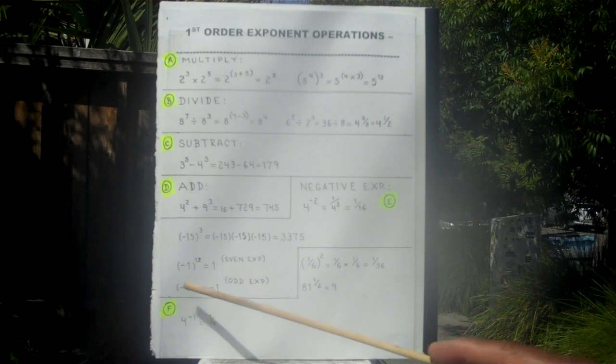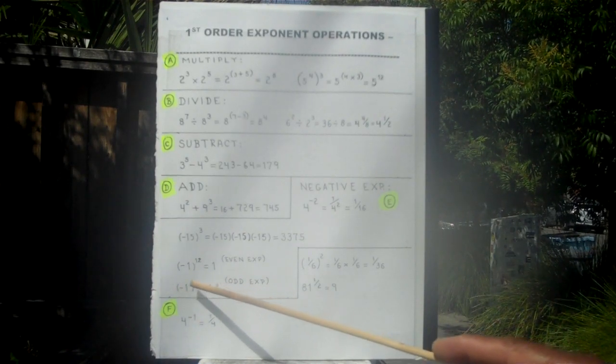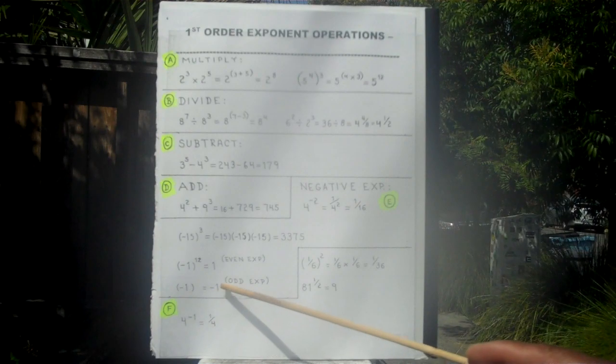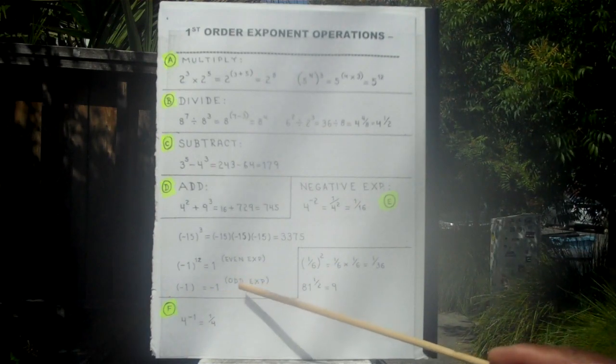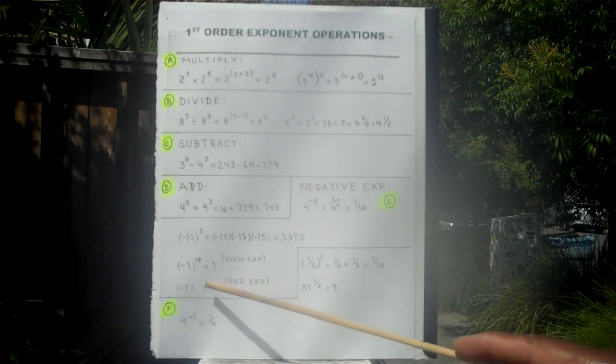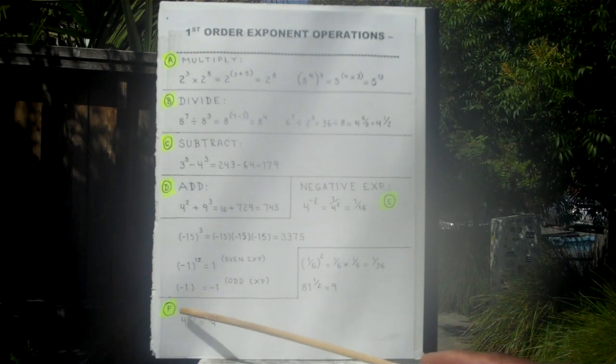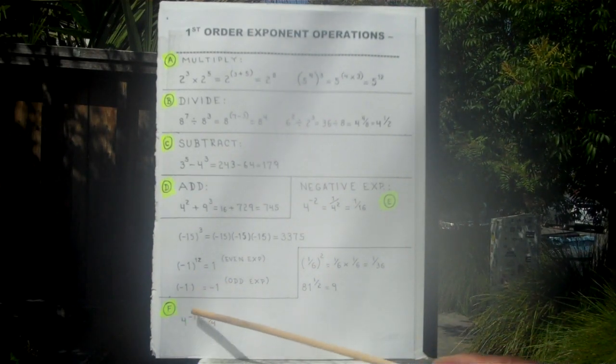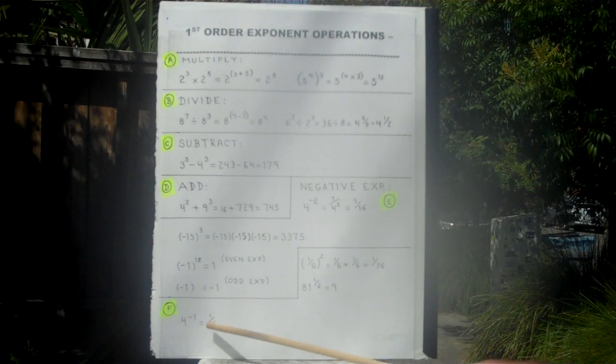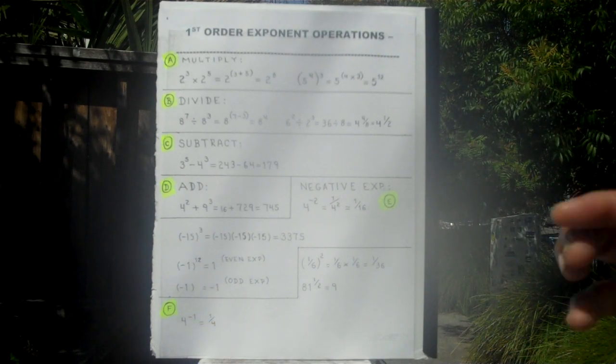Minus 1 to the 27th power equals minus 1. It becomes an odd exponent because you are using an odd number. We'll go to F. 4 with an exponent of minus 1 equals 1/4.